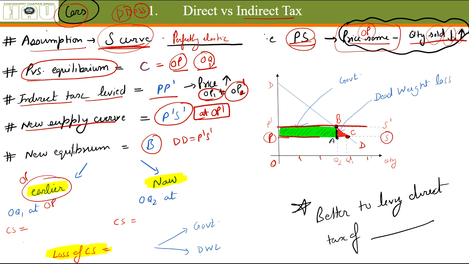In terms of the diagram, the consumer surplus was DCP. The total utility was DCQ1O, and the expenditure was OPCQ1.